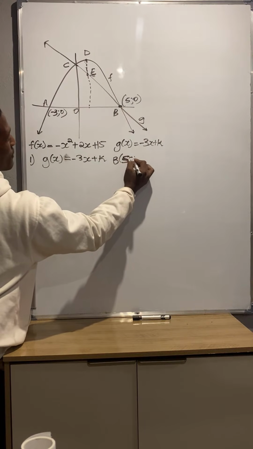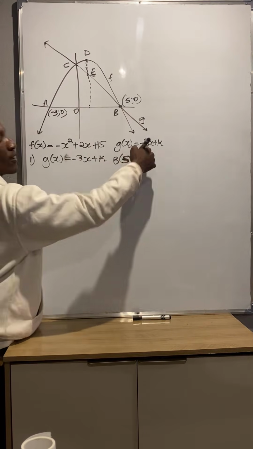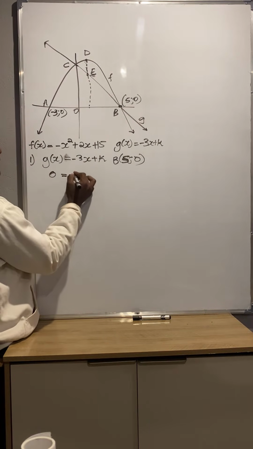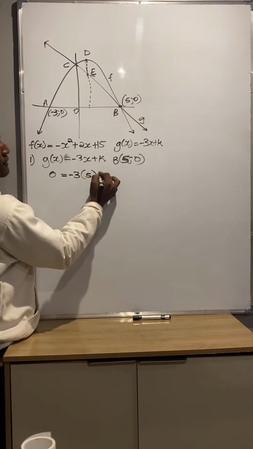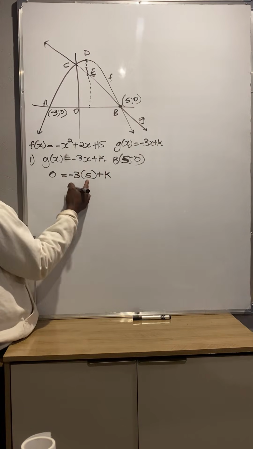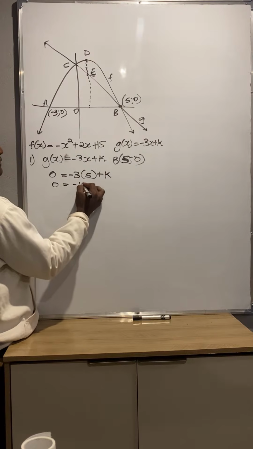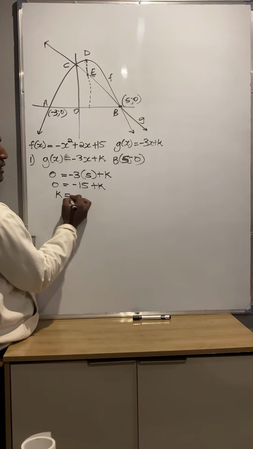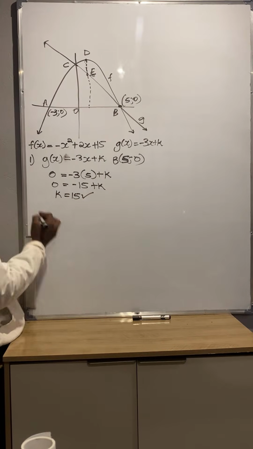Therefore, the answer is going to be 0 is equal to negative 3 times 5 plus K. Then negative 15 plus K, so K is equal to 15. 1 mark.